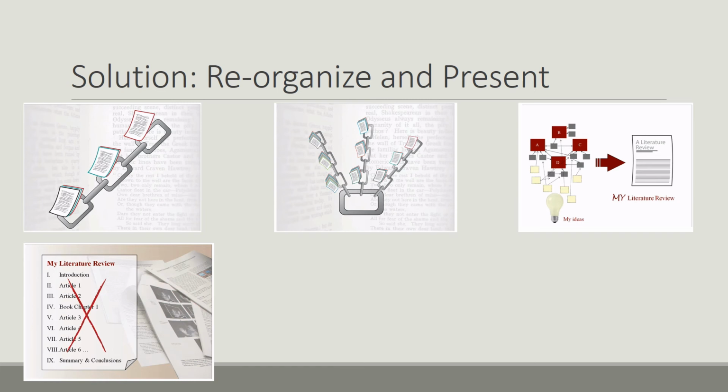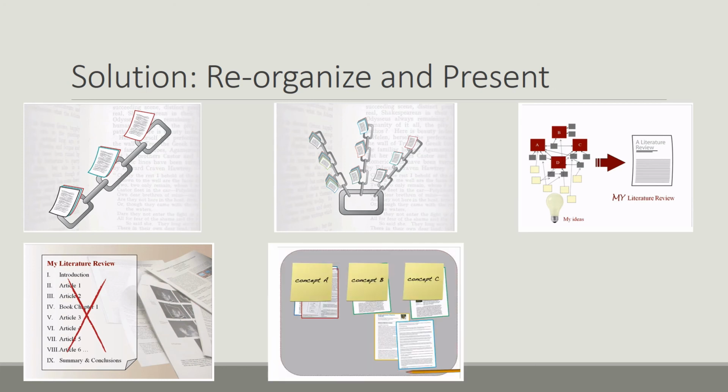A common mistake that we see is that the literature review begins to look like a list of one source after the next, after the next, after the next. You might have a paragraph about one source, and then another paragraph about a separate one, and then finally a summary and conclusions. It isn't a synthesis of different ideas, it's more like a list of what you read.